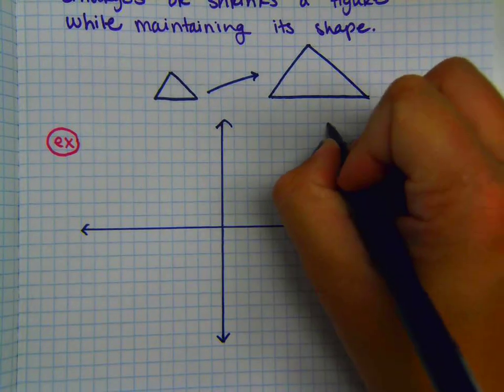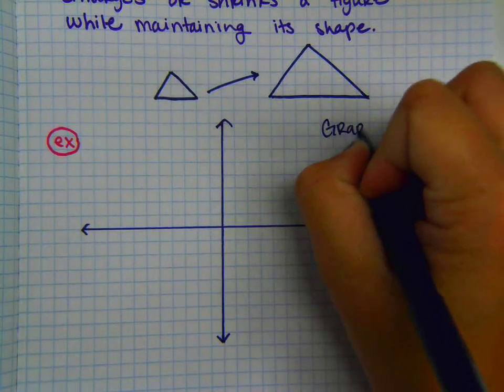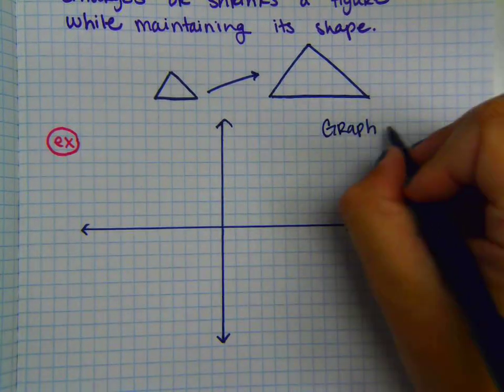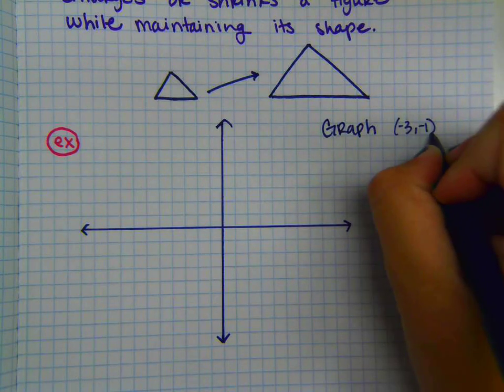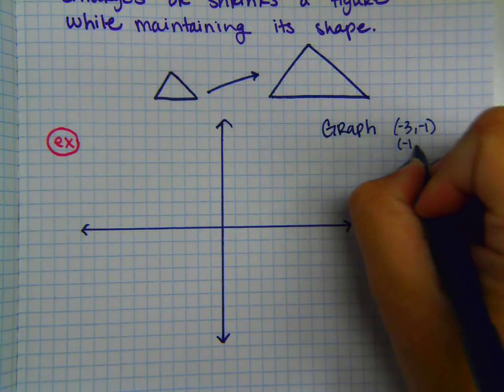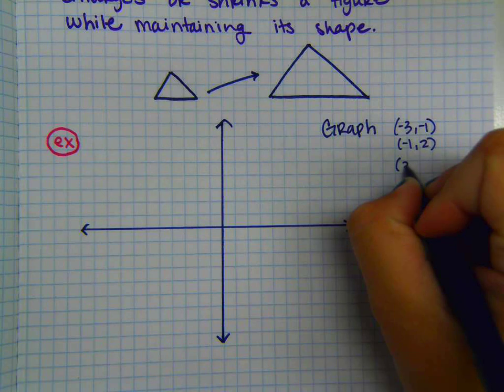And we are going to graph the points -3, -1, -1, 2, and 3, 0.